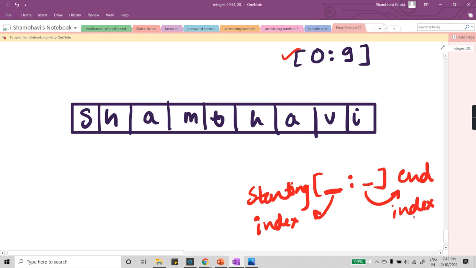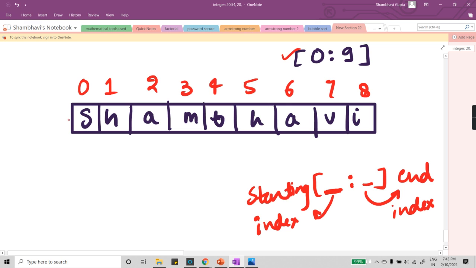Now what are these indices? I am just saying starting index, ending index. So basically in strings the index starts from 0, 1, 2, 3, 4, 5, 6, 7, 8. Fine. Just have a look that each character has its own index. So in strings, the values start from 0. So my name, Shambhavi, each and every character has its own value.